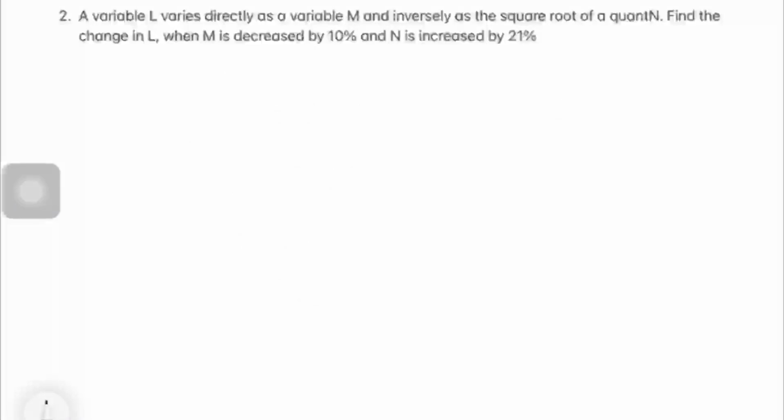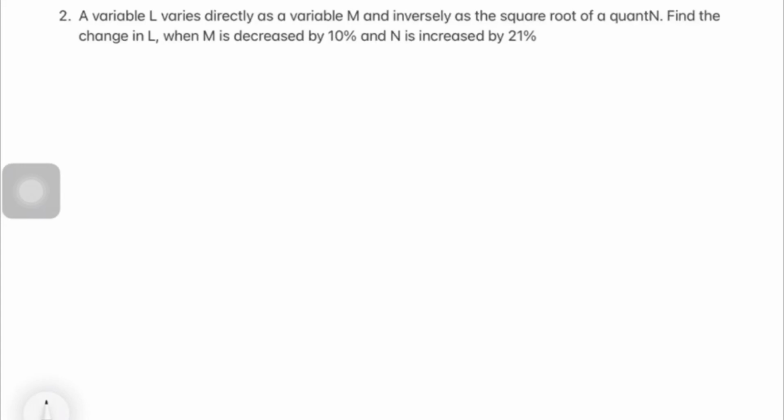So for example number 2, it reads, a variable L varies directly as a variable M and inversely as the square root of a quantity N. Sorry for the typing error. Find the change in L when M is decreased by 10% and N is increased by 21%.